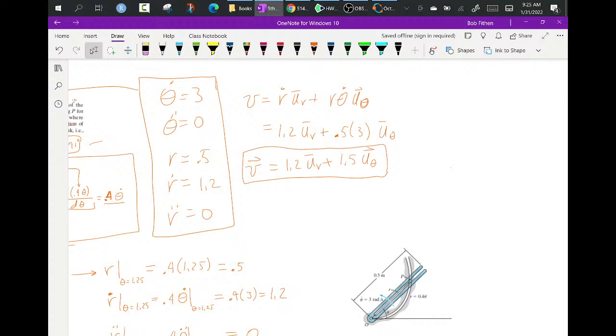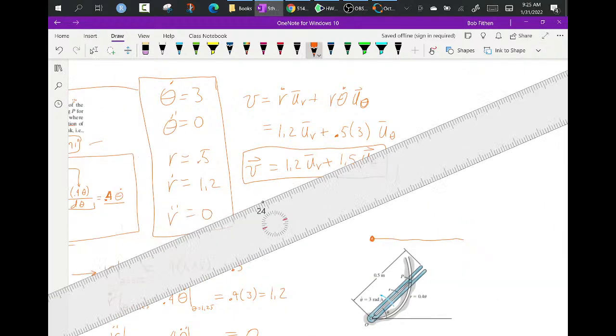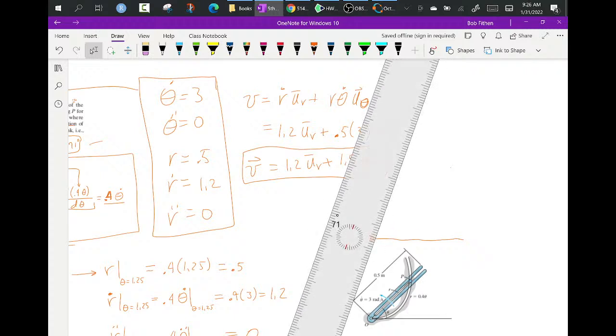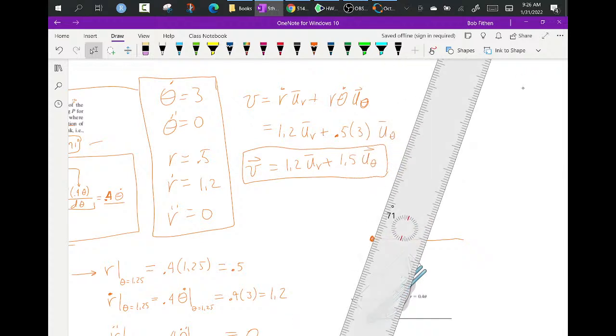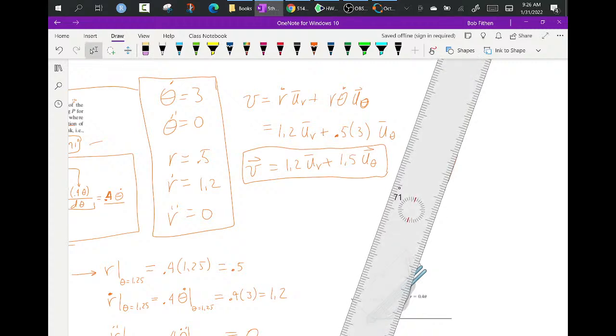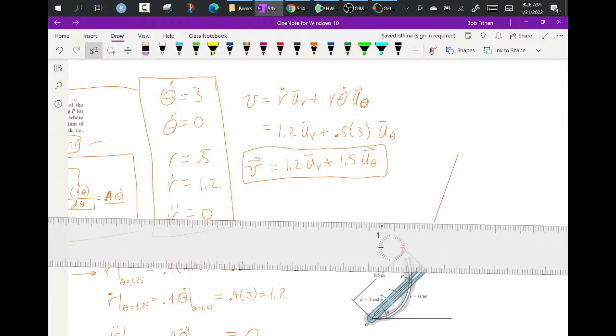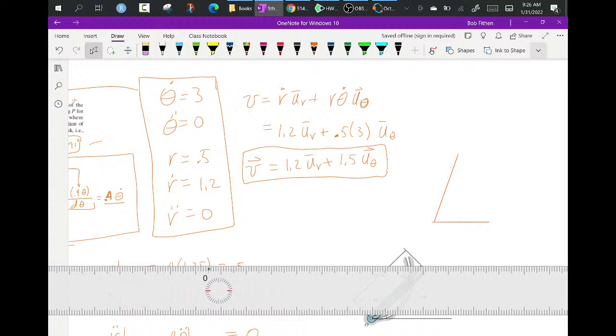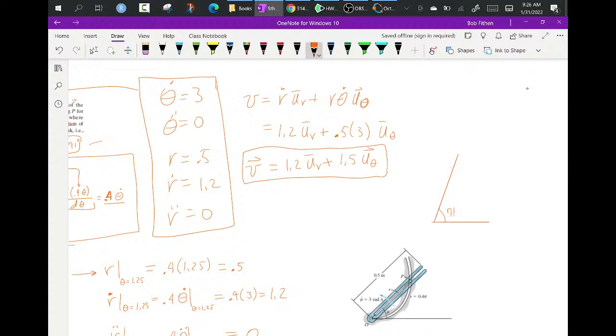So at approximately 71.62 degrees, okay, this has only integer values, so at 71.62 degrees, we reach up here a distance of, and that distance should be 0.5.